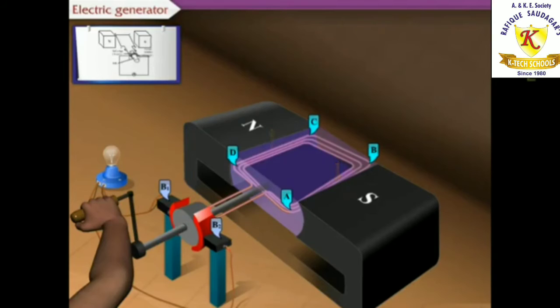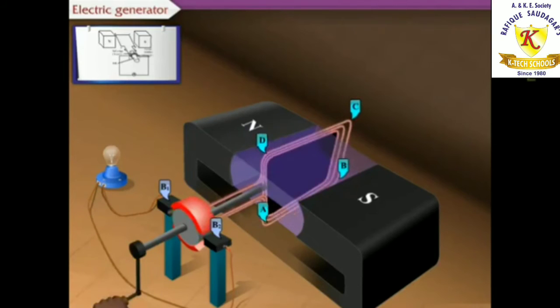When the coil AB rotates, it becomes right angles to the magnetic field. The contact of the ring R1 with the brush B1 breaks. Similarly, the contact of the ring R2 with B2 breaks.